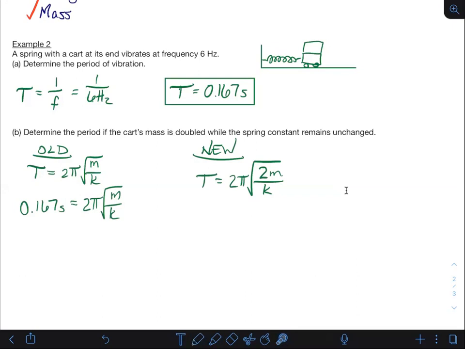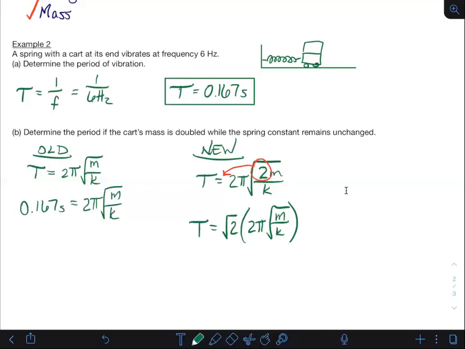But notice how this and this are not that different from each other. In fact, it appears that the only real difference on the right-hand sides of these equations is this 2 underneath our radical. So what I'm going to do is take this 2 underneath the radical and pull it out front so that I now have root 2 times 2 pi times the square root of m over k.